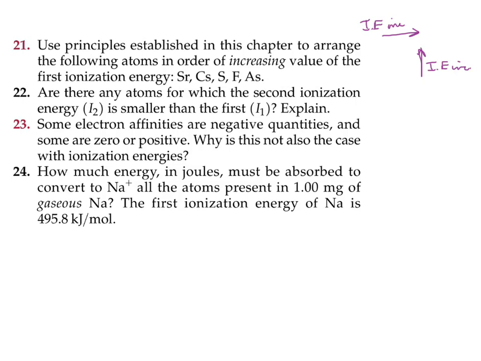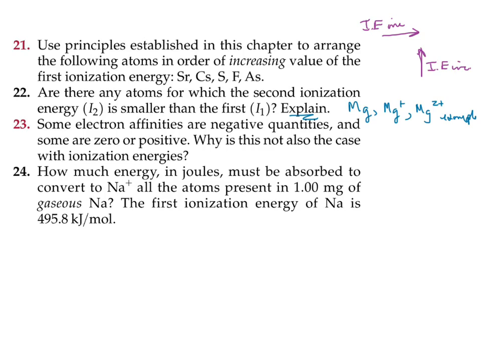For the next one, are there any atoms for which the second ionization energy will be less than the first ionization energy? I doubt it. I can't think of any. So just put some explanation with that. I just think it always gets harder. Did you see how I loved how the animation showed it getting smaller? It's harder to rip off an electron when it's smaller like that, too.